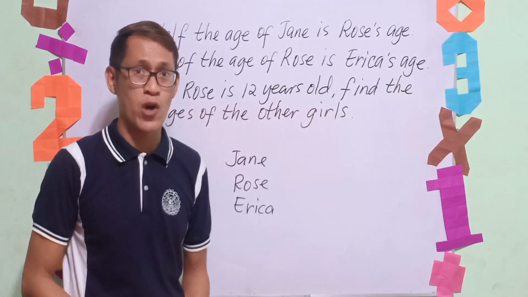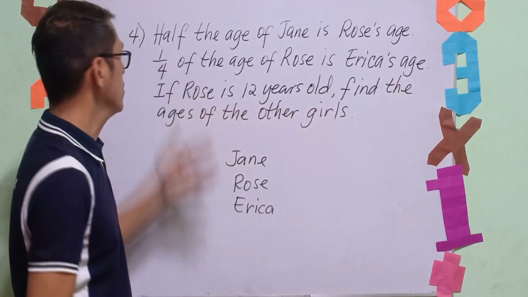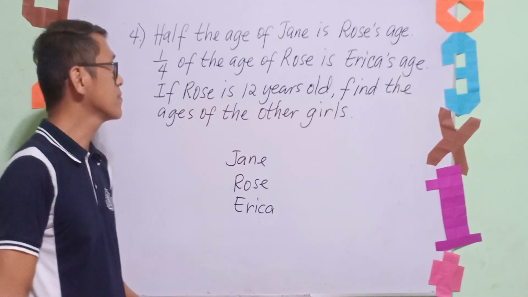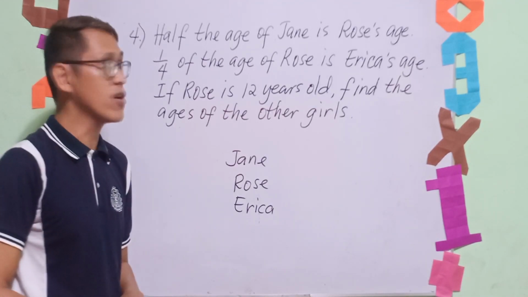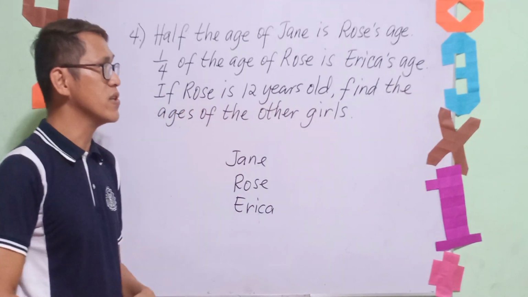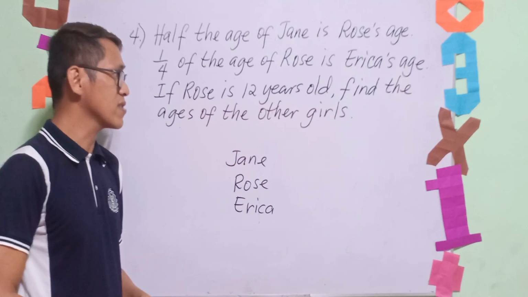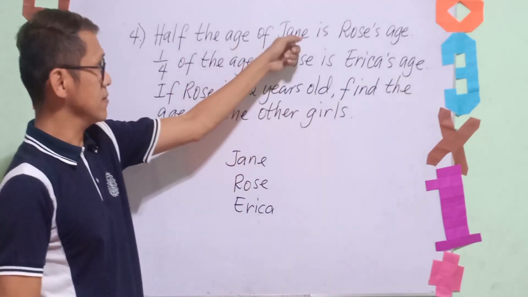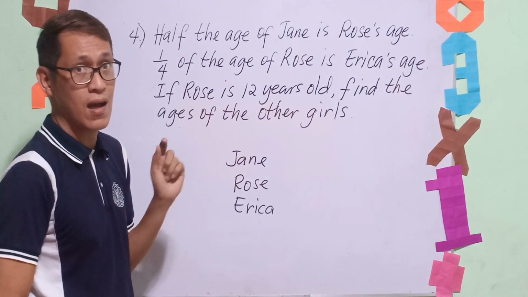Let's have the last problem. Let me read it to you. Half the age of Jane is Rose's age. 1/4 of the age of Rose is Erica's age. If Rose is 12 years old, find the ages of the other girls. So let's start getting the age using the blocks.